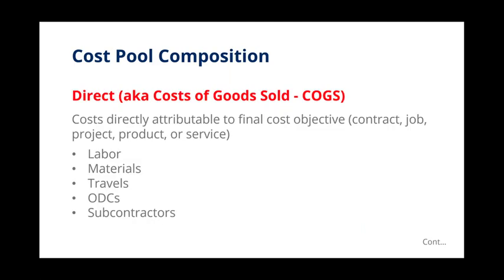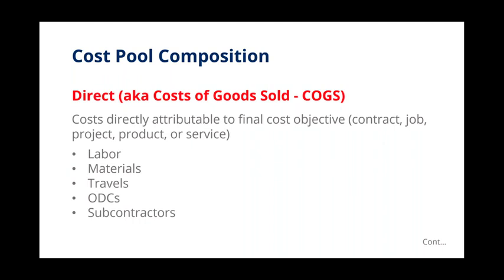In the commercial world, people refer to this as cost of goods sold, or COGS. When we're talking about government contracts, the terminology we use is typically direct. These are costs that are directly attributable to a final cost objective. That terminology is key. That's what you'll find in the government regulations.